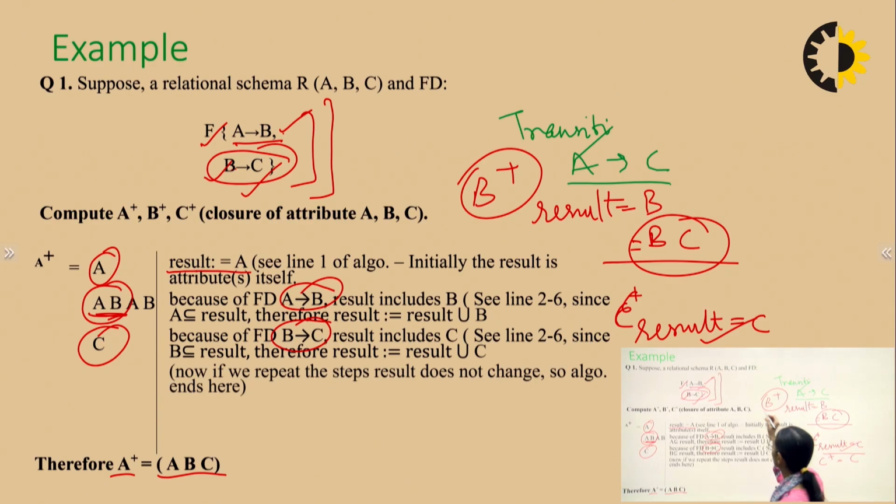But yes, if I need to find the closure of my F, that is this part, then it comprises these two plus this one.